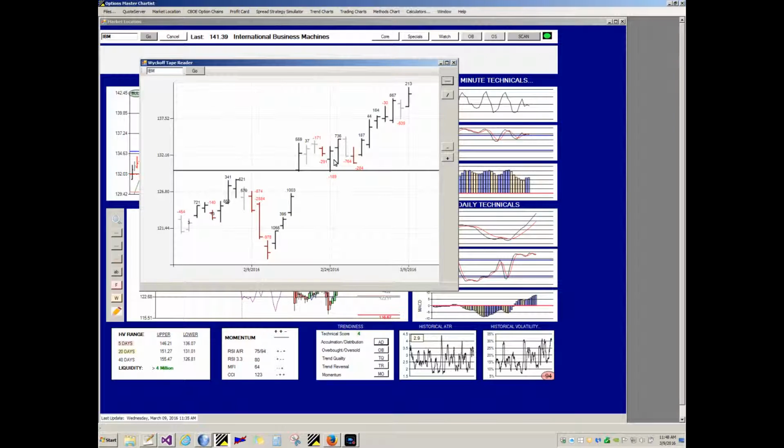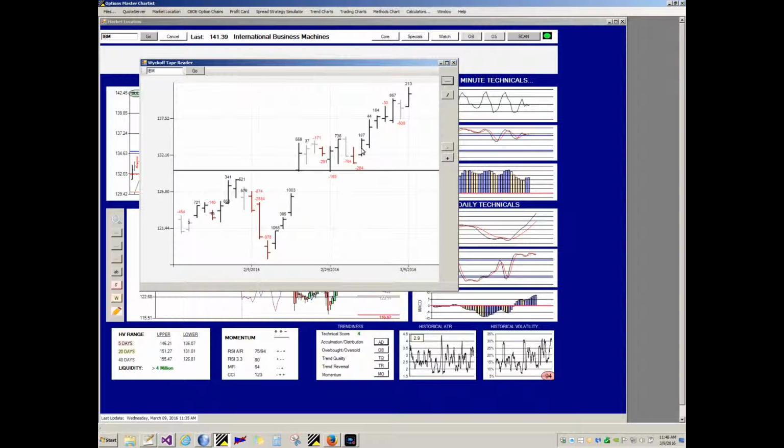Following the consolidation range, which lasted 5 or 7 days, there was another push up. And we can see that most of those bars were accumulation bars that went higher, with one distribution bar which happened yesterday.